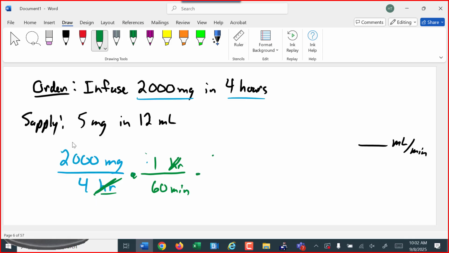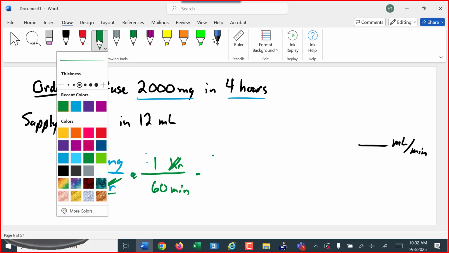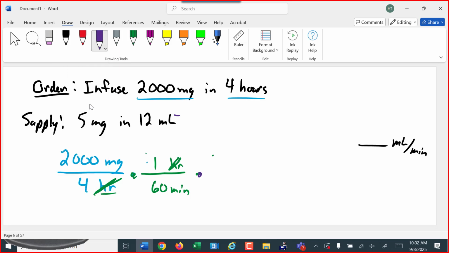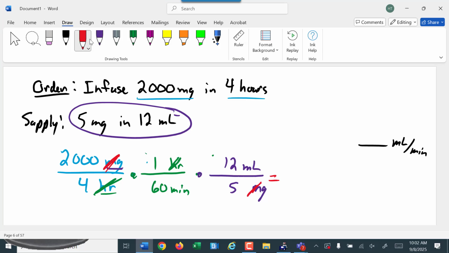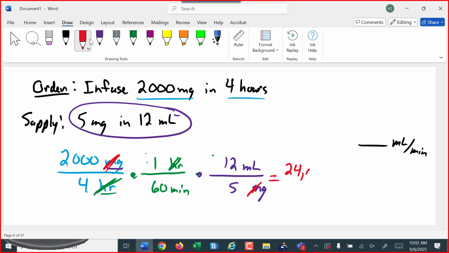Now to get rid of the milligrams. Milligrams are on top, so I put them on bottom to cancel them out. And my supply label says 5 milligrams is equivalent to 12 milliliters. So the milligrams have canceled out. On top here, I have 2,000 times 1 times 12 milliliters, which is 24,000 milliliters.